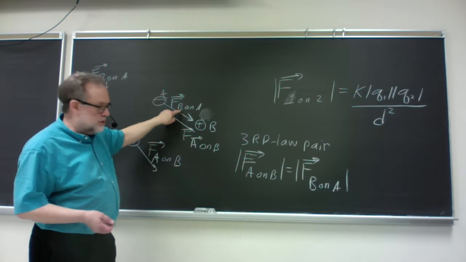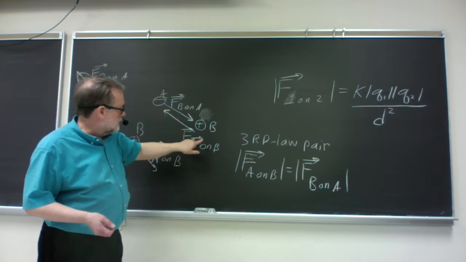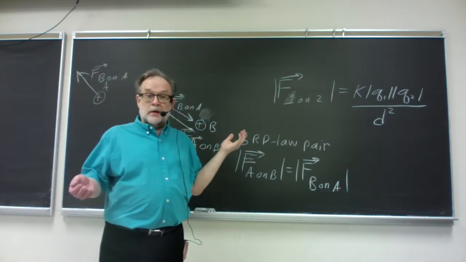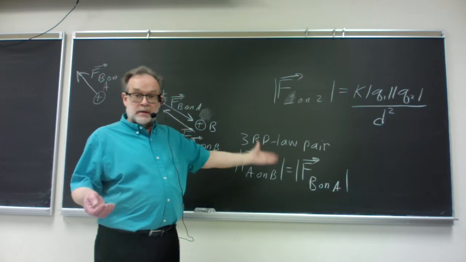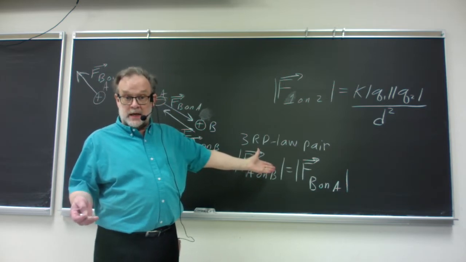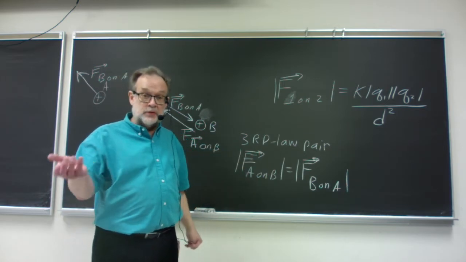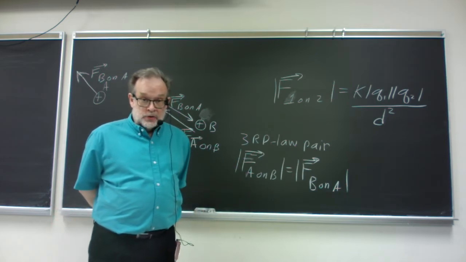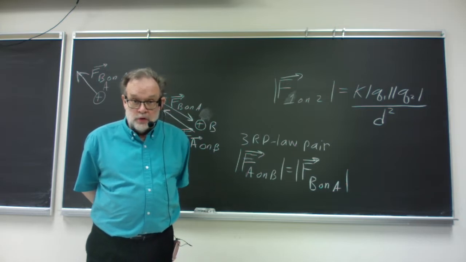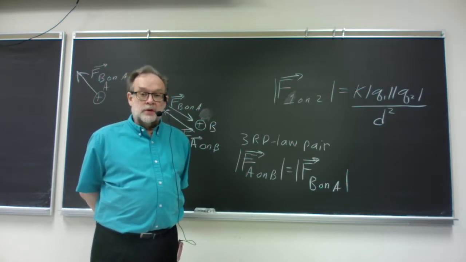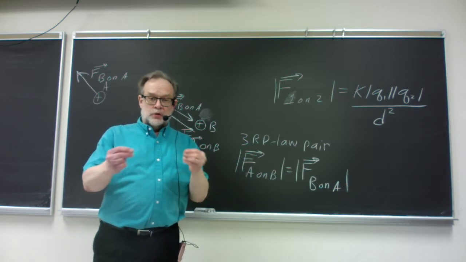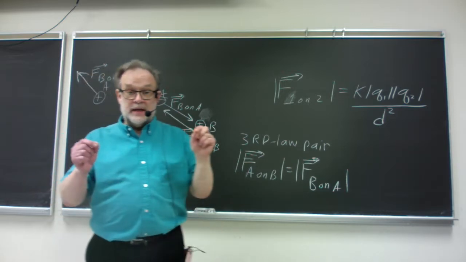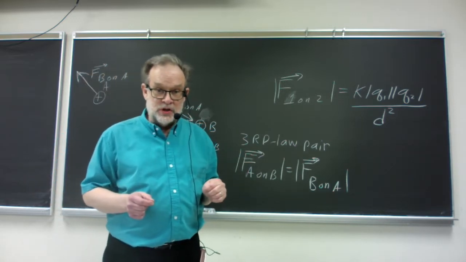B is the source of this force, and B is acted upon by this force. So, being a Newton's third law pair, those two forces have the same magnitude. The force from A on B and the force from B on A are the same size. And it turns out that in our rule for the magnitude of an electric force, that third law equality of magnitudes is built right into the equation.